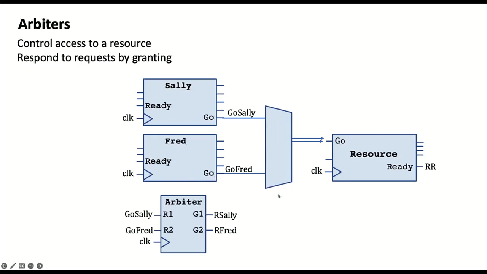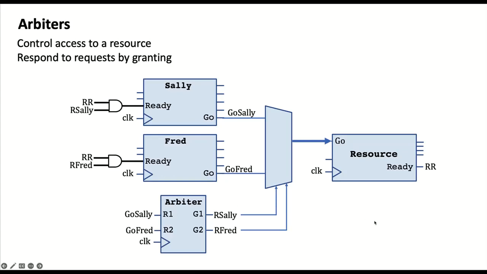So again, we could put an OR gate here, but only one of them is going to get to use it. And so only one of them will get the resource ready signal. Resource ready will come back, but because we have these AND gates here, only one of them will get back to Sally or Fred, not both. So that's the job of the arbiter: to take in two requests and to grant to one of the two, not both.